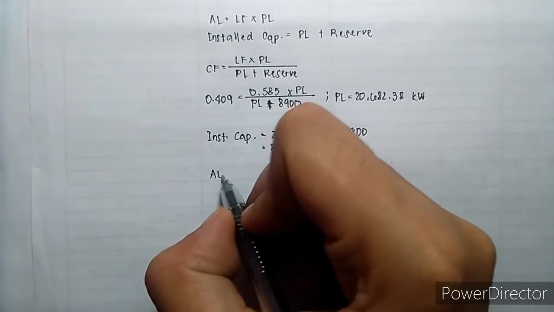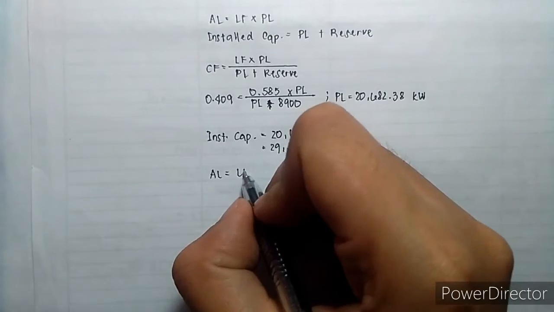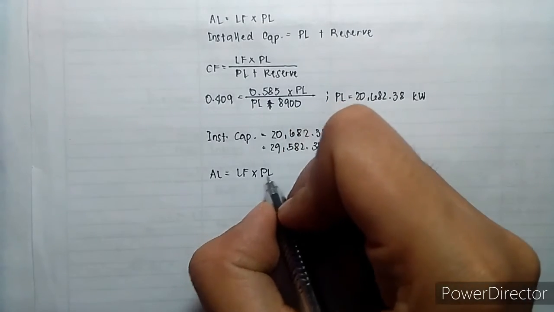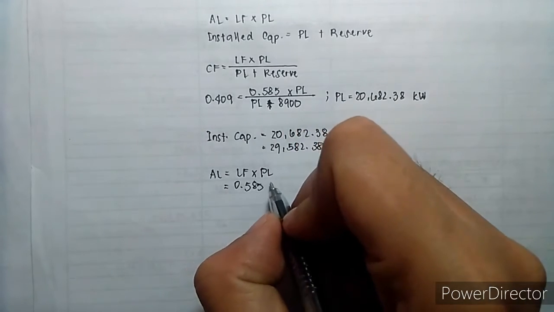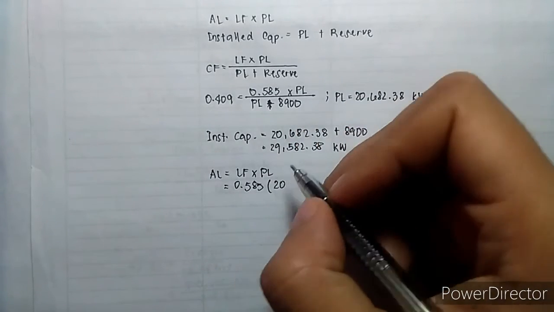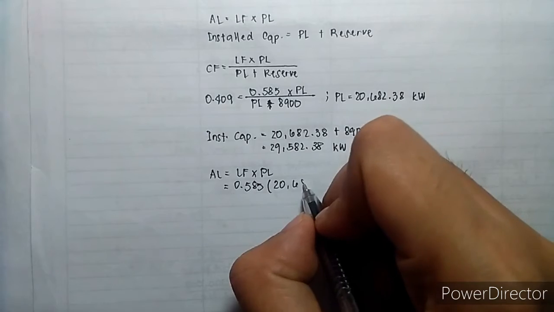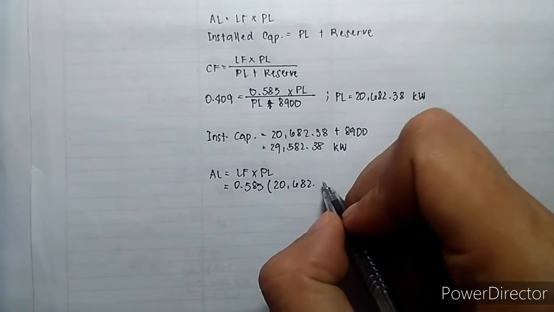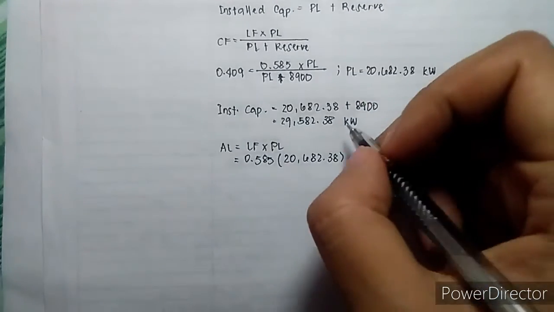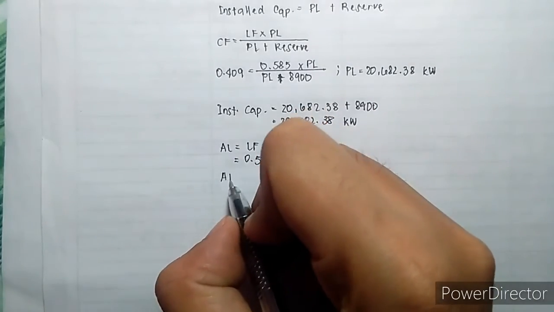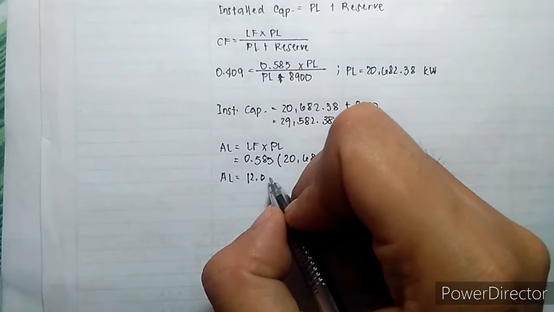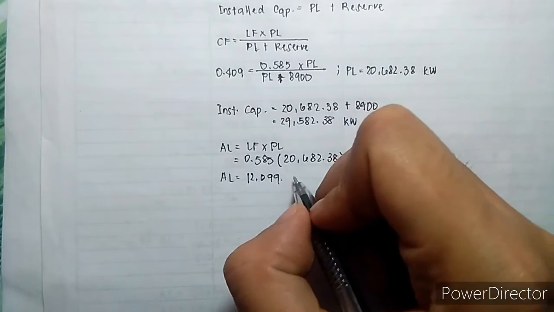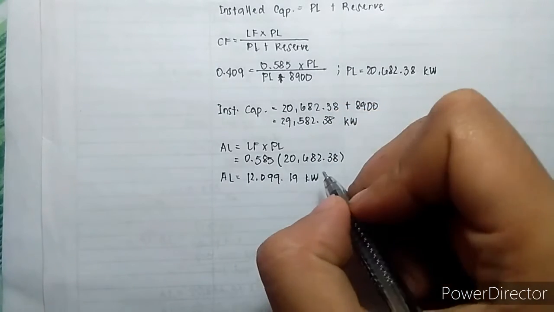The average load is equal to 0.585 times the peak load 20,682.38 kilowatts. The average load is equal to 12,099.19 kilowatts.